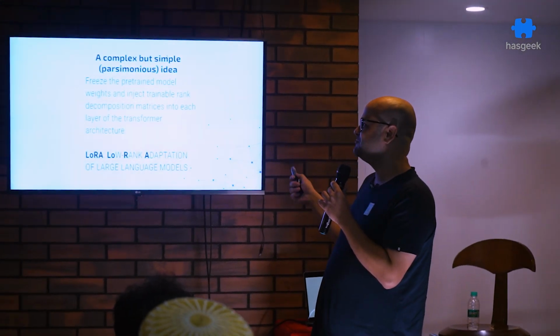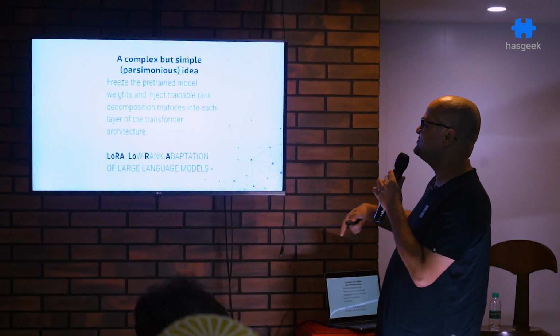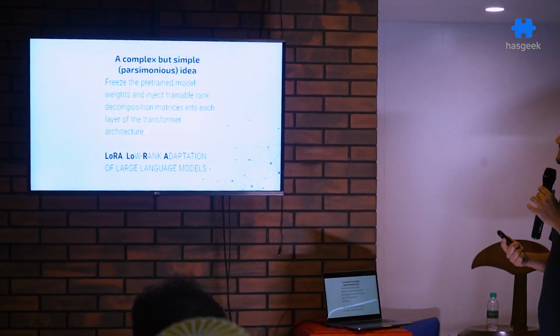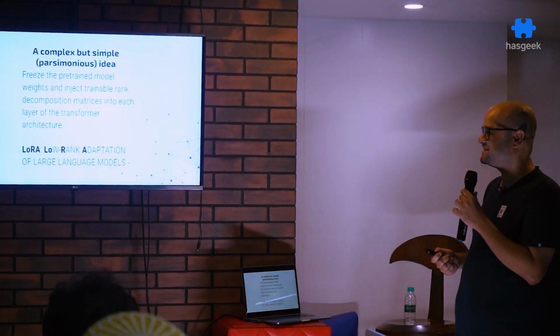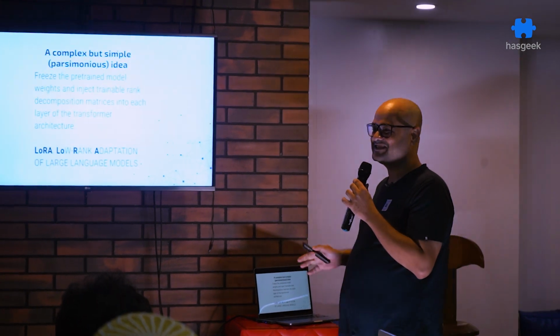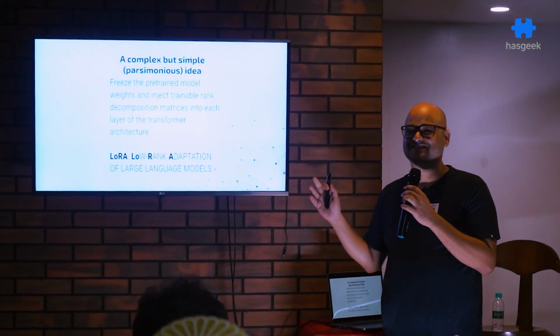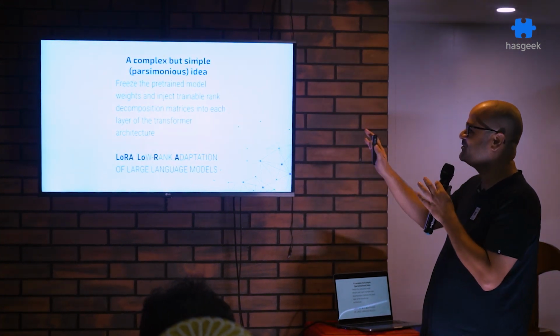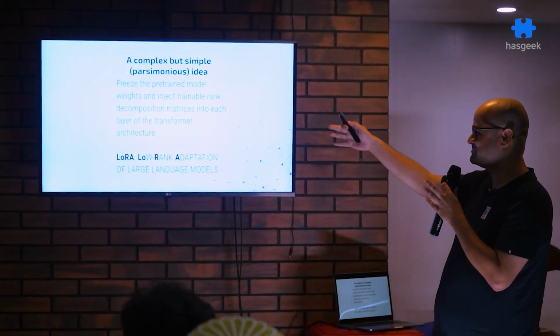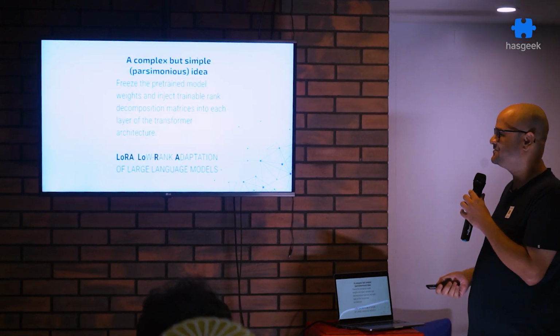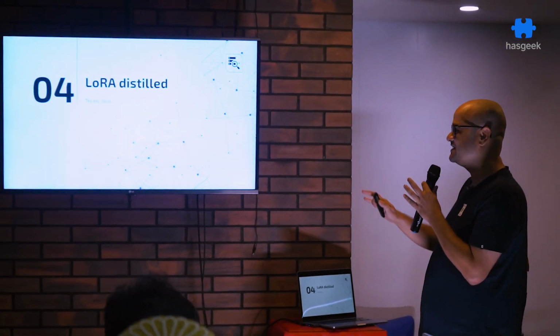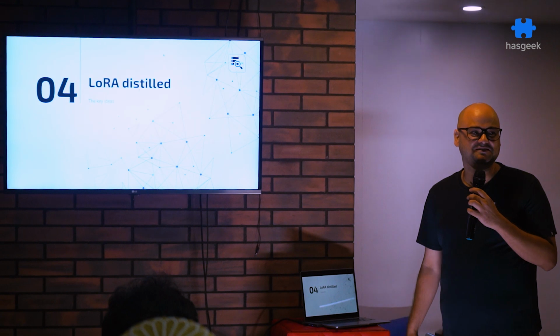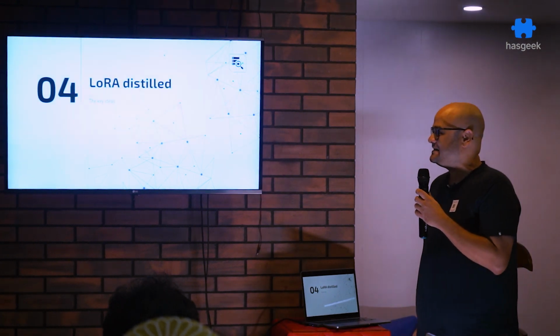So: freeze the pre-trained model weights and inject trainable rank decomposition matrices into each layer of the transformer architecture. Does that sentence make sense to anyone here, or it doesn't, right? So I'm going to delay explaining that a bit further down the line when I have talked about LoRA a bit further.